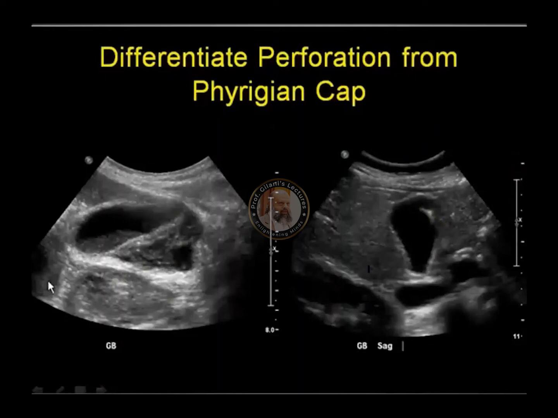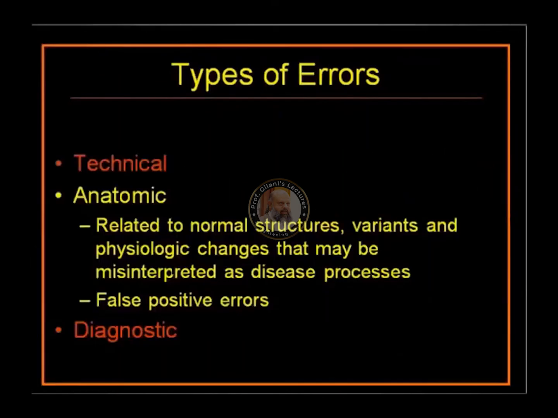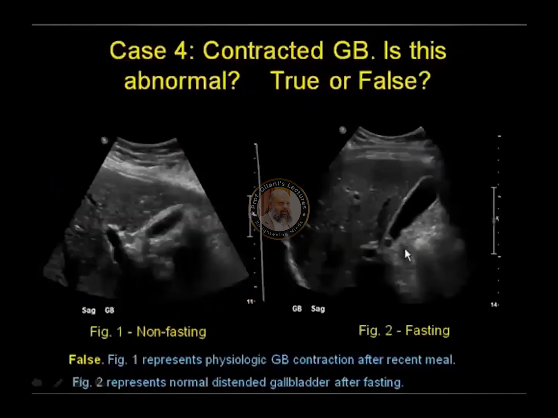So there is a difference. Then after the technical, there are the anatomical, like the Phrygian cap we saw, and then we can see if it is fasting or non-fasting. Sometimes it can confuse. So always try to scan the patient in a fasting state, which is better for the gallbladder.